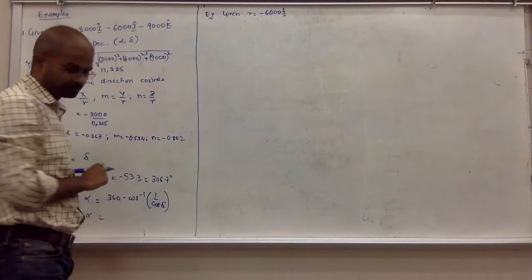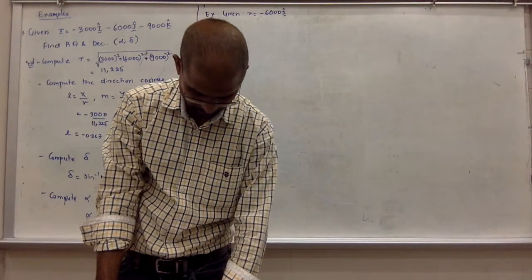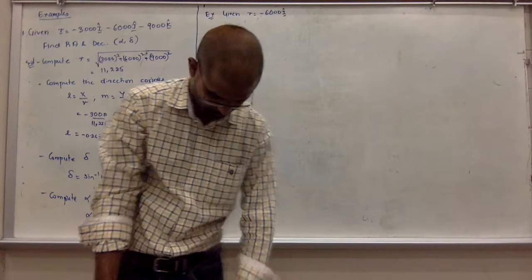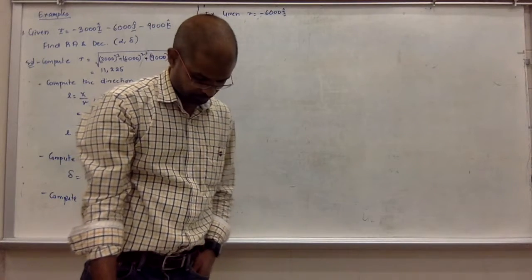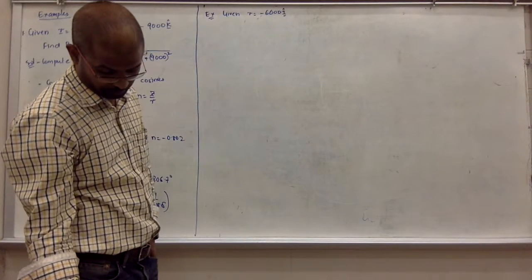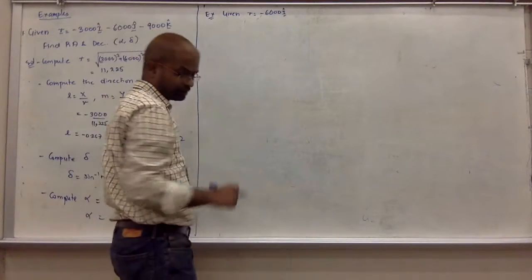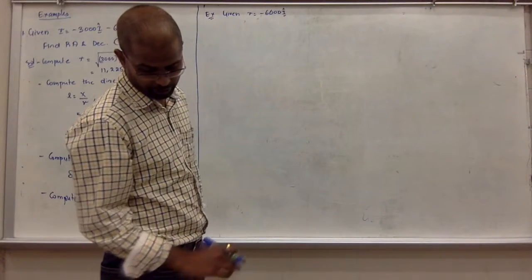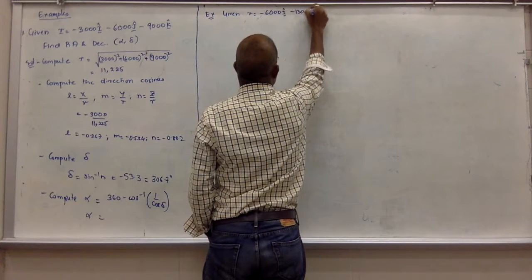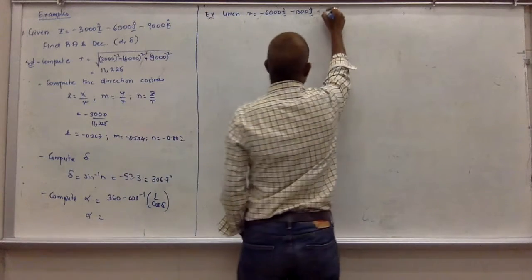Now what you need to do is... let's look at this. Let's say you're given this: minus 1303, minus 5200.